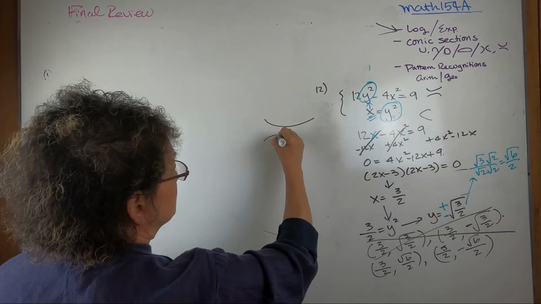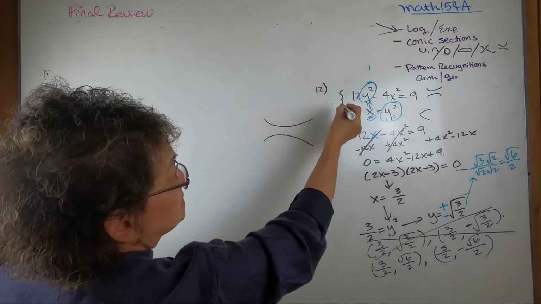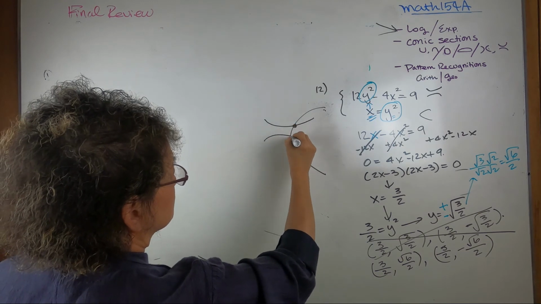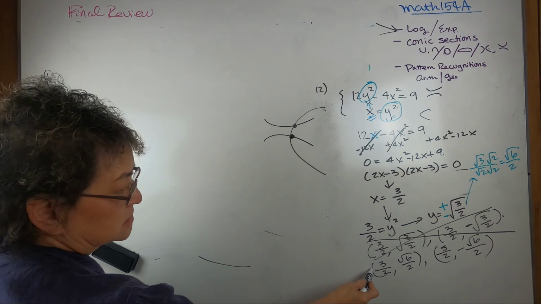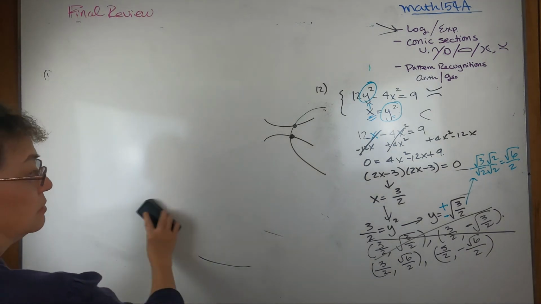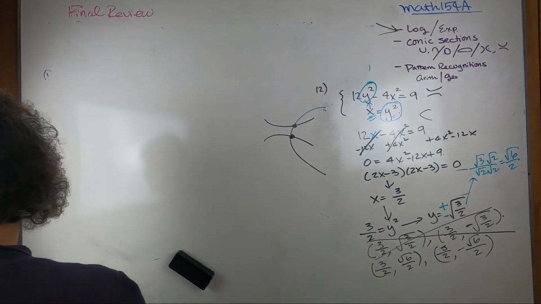So situation like this, and another one is the sideways parabola. So they intersect at 2 places, so that will be your solutions, right?